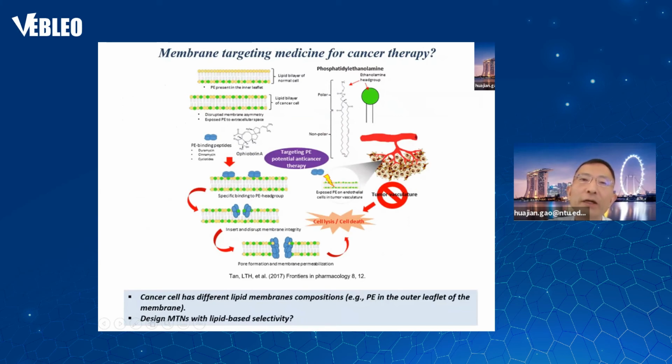But for a cancer cell, this lipid shows up on both the outer leaflet and inner leaflet. So this presents a target for membrane target nanomedicine, right? So far, in the literature, people have used peptides to cause pore formation. And along similar ideas, we can develop nanomedicine to target cancer cells, viruses, and bacteria.